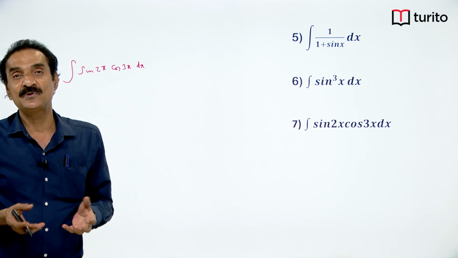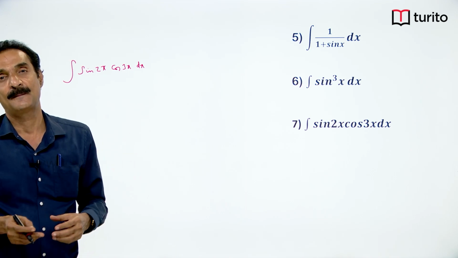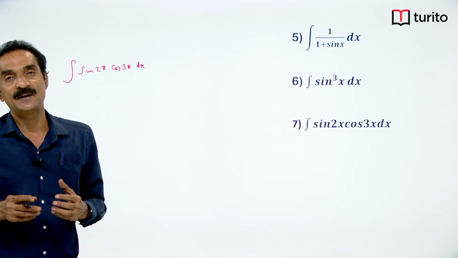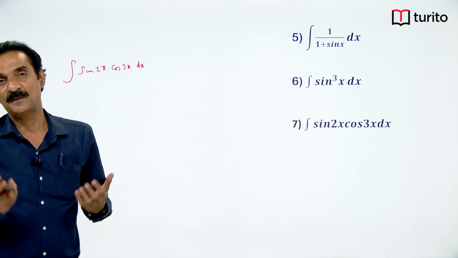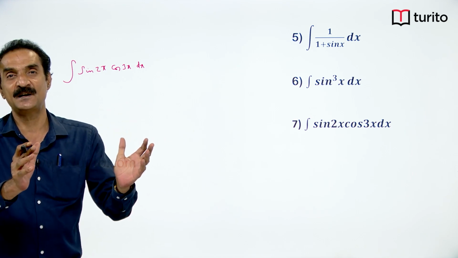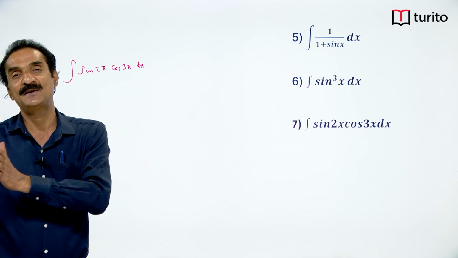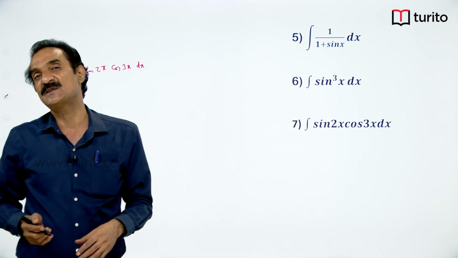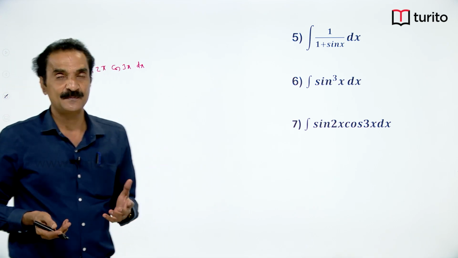We have to decompose this product into a sum. In trigonometry, you have studied about transformations, expressing a product of trigonometric functions as sum or difference. We have to use transformations and decompose it.